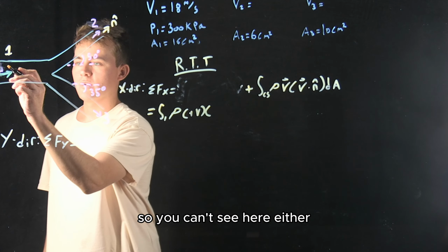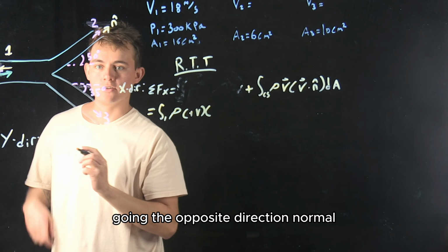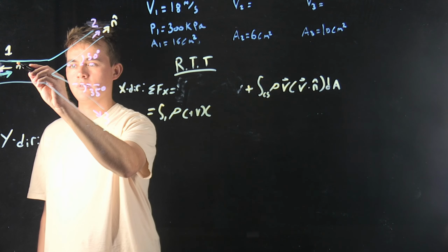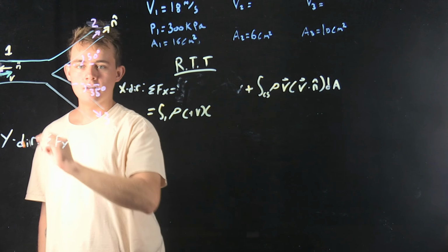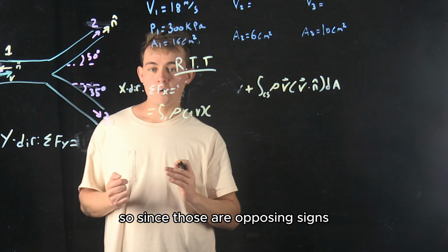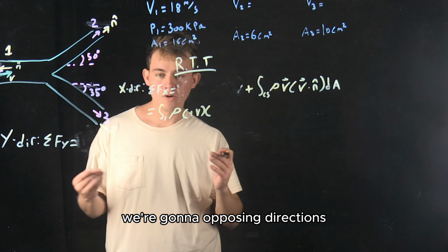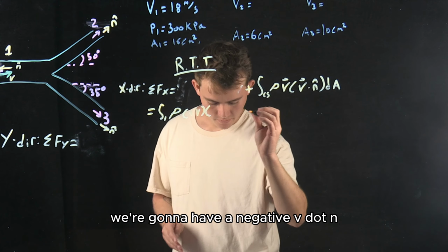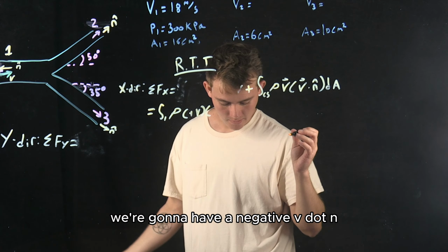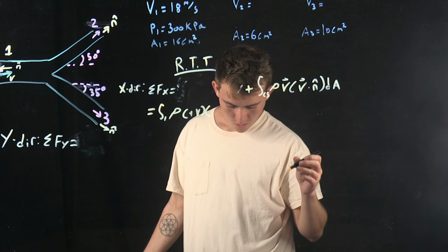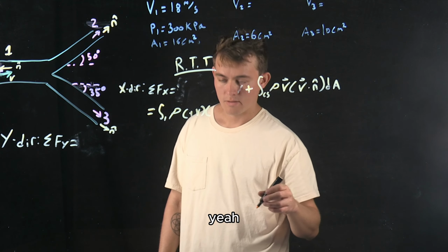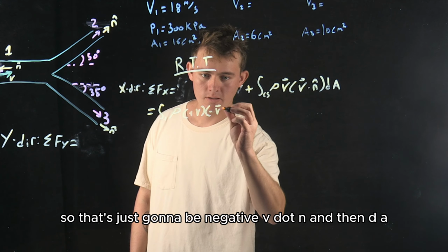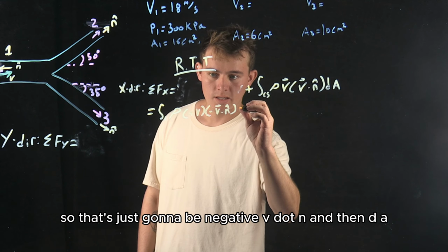You can't see it here either, but I have my normal going the opposite direction, and this is the velocity. Since those are in opposing directions, we're going to have a negative v dot n, and then dA.